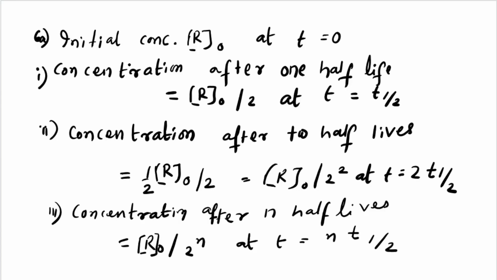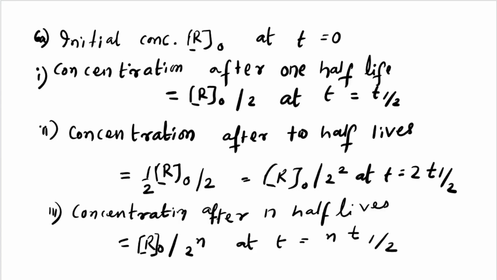And then we can say the concentration after n half-lives: n half means t half multiplied by n. So t equals n times t half.